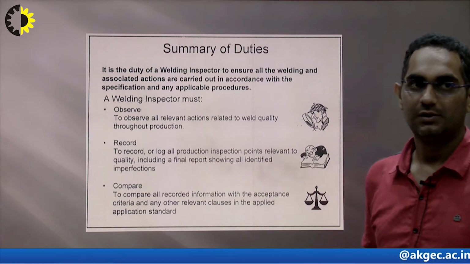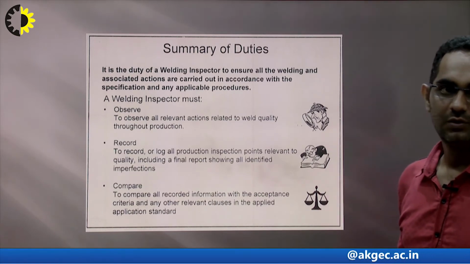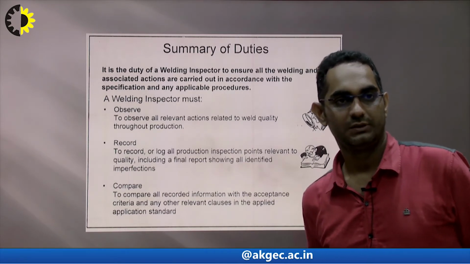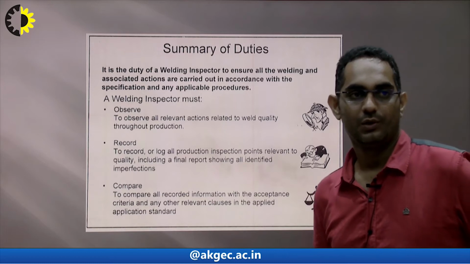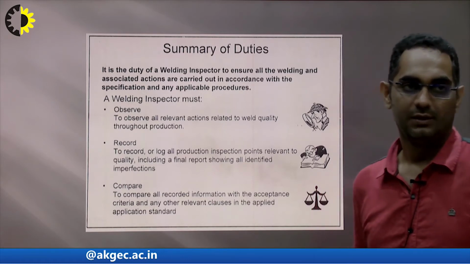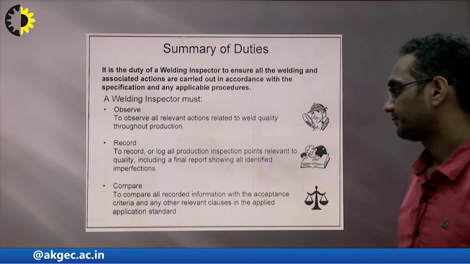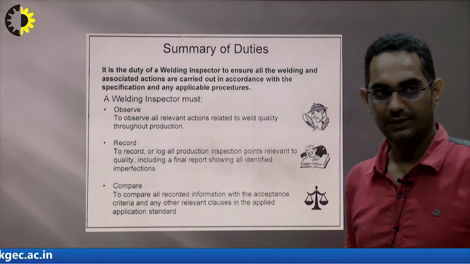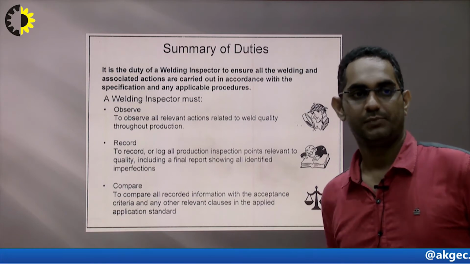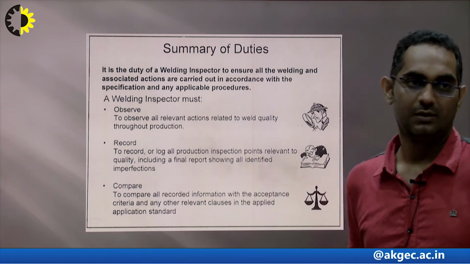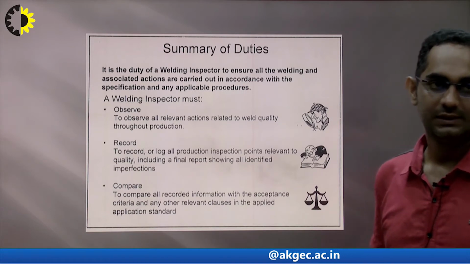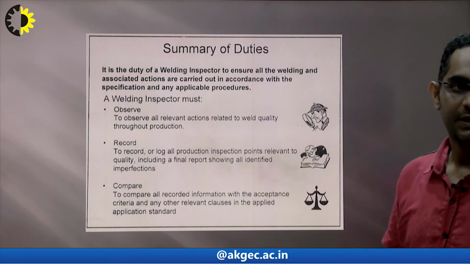Then record or log all the procedures and inspections relevant to quality, including a final report showing all the identified imperfections. Then compare all the recorded information with the acceptance criteria and any other relevant clauses in the applied application standard.